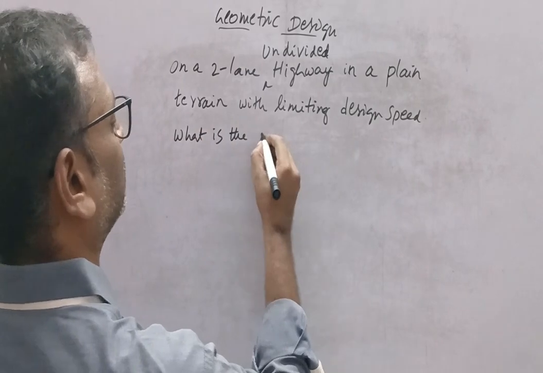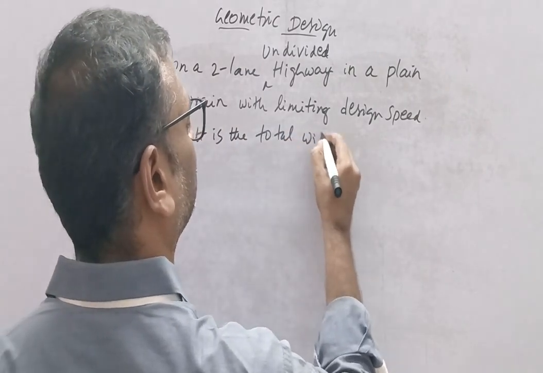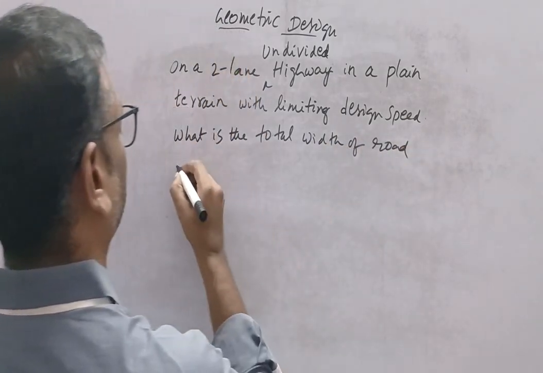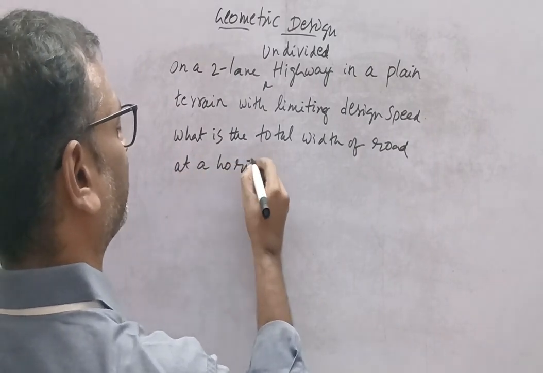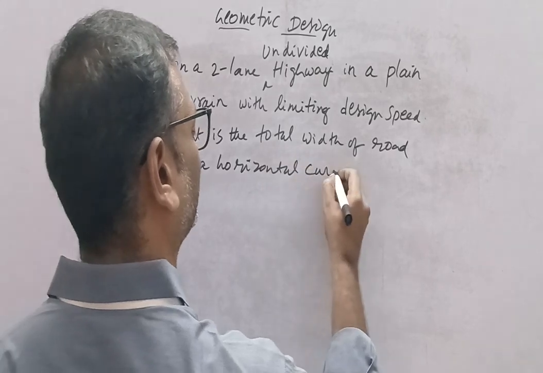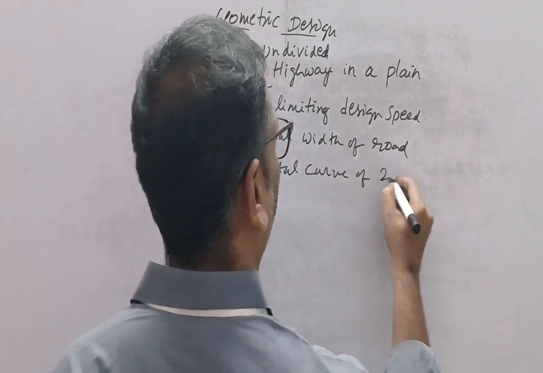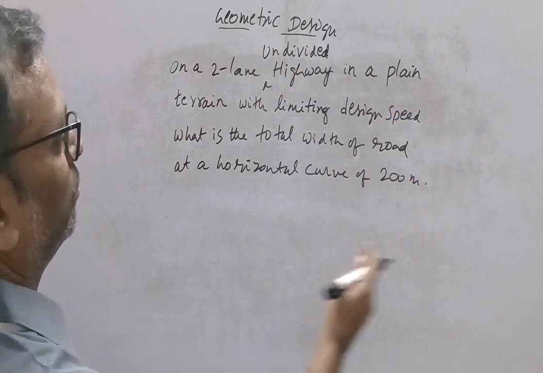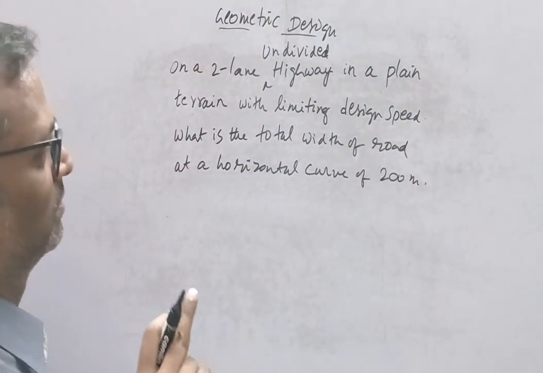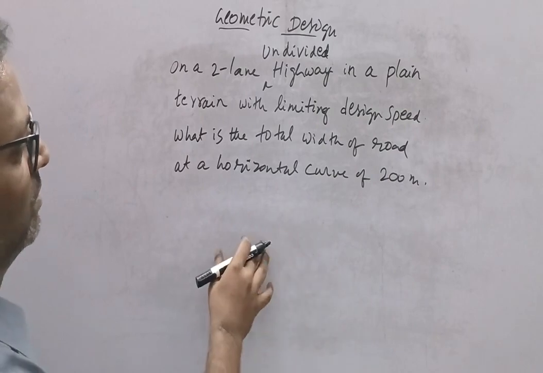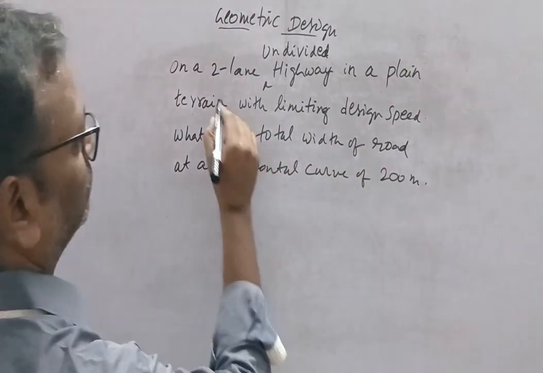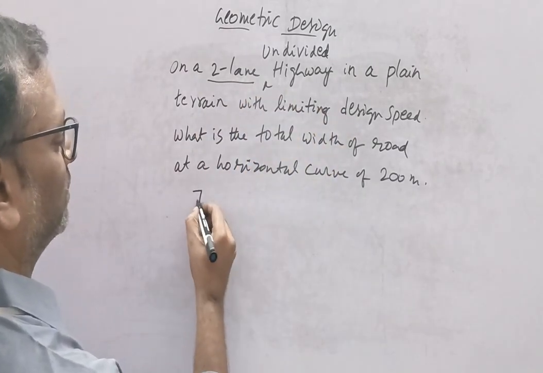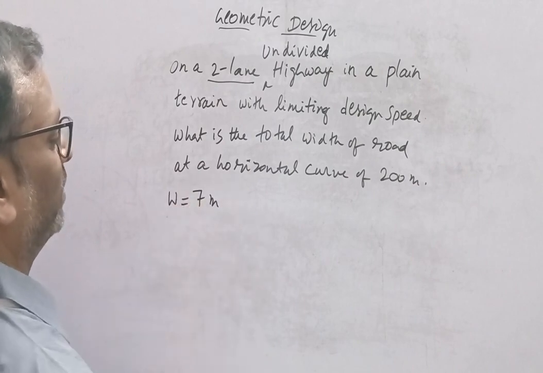what is the total width of road at a horizontal curve of say some 200 meter? So you may feel that the data is insufficient, but there is sufficient data in this. What is the total width? We know for a 2-lane undivided road, we have 7 meter as the width.